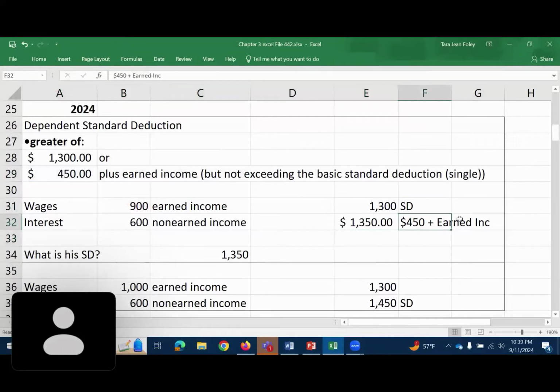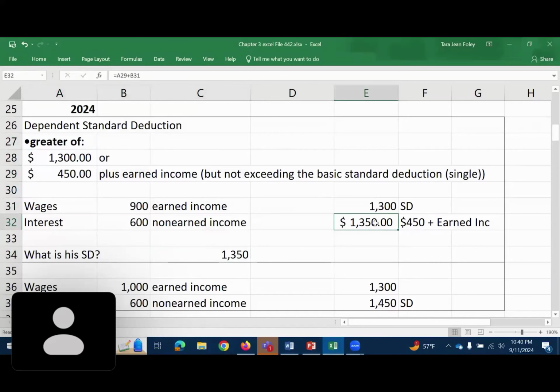So what's the standard deduction? It's the greater of $1,300 or 450 plus my earned income. My 450 plus my earned income is $1,350, so my standard deduction is going to be $1,350.